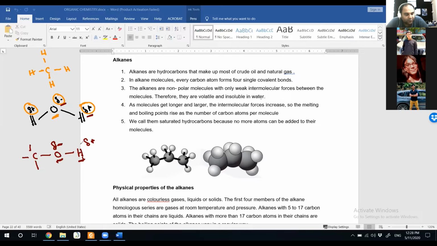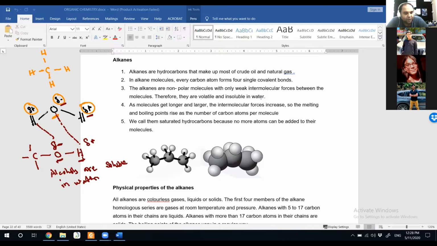So we know that opposite charges attract each other. So this opposite charge attraction is happening. Due to this attraction, alcohols are soluble in water.